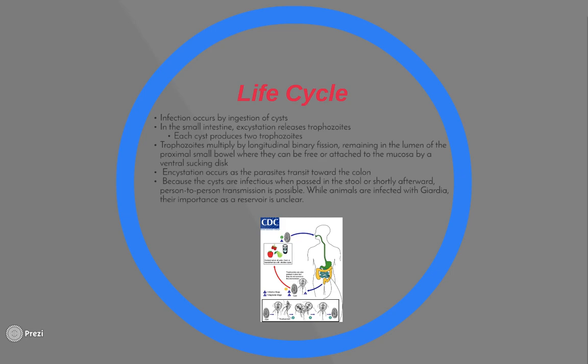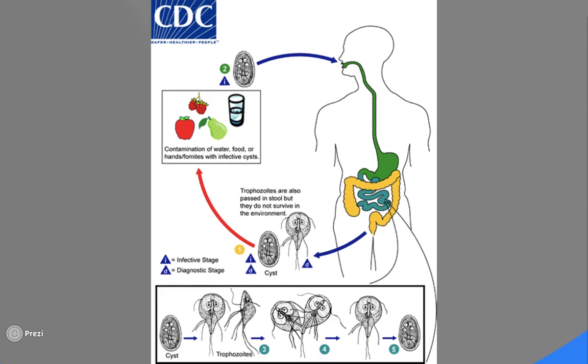So we're going to move on. I'll show you a closer graph of the life cycle of Giardia. Here we can see contaminated water, food, or hands are infected with cysts, and they're ingested and follow through the digestive tract, the stomach, the small intestine, the large intestine, and then it is transported out through feces.